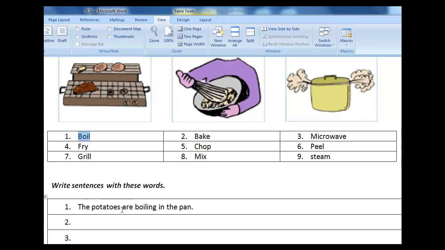Number 1, boil. The potatoes are boiling in the pan. 2, bake. My mum bakes cakes for our birthday. Microwave. I microwave coffee when it gets cold.